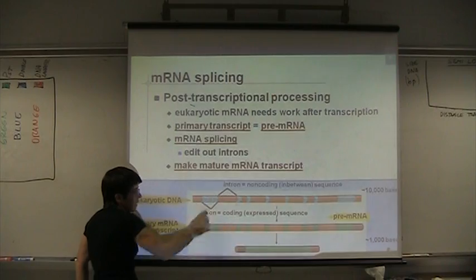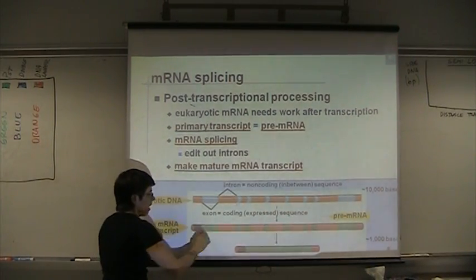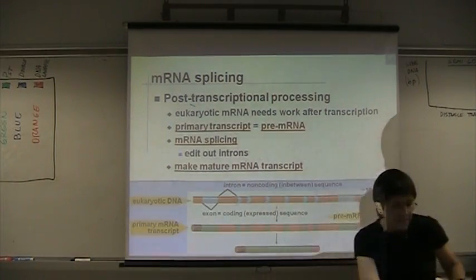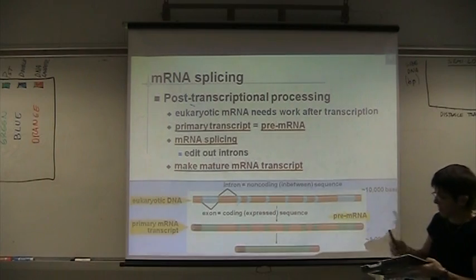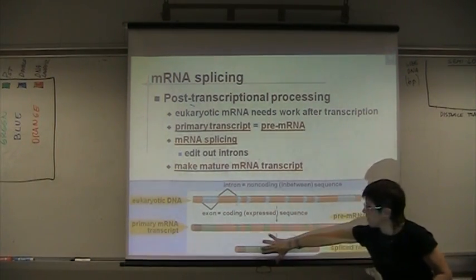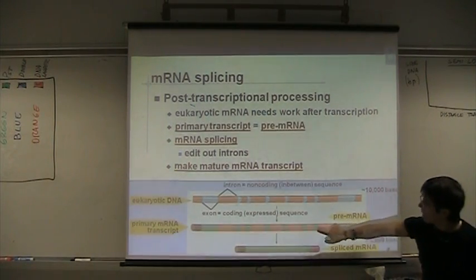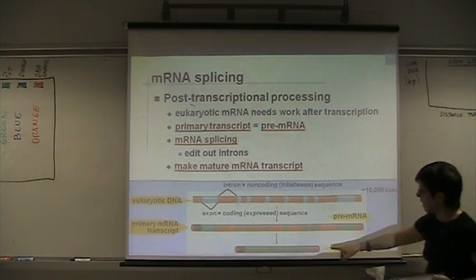So, from DNA you go to messenger RNA, or pre-messenger RNA now, and then it's going to be the splicing, and all the introns that are not used, they're going to be removed, all the oranges, and the only thing that you're going to have left are basically the exon sections that are going to be glued together.